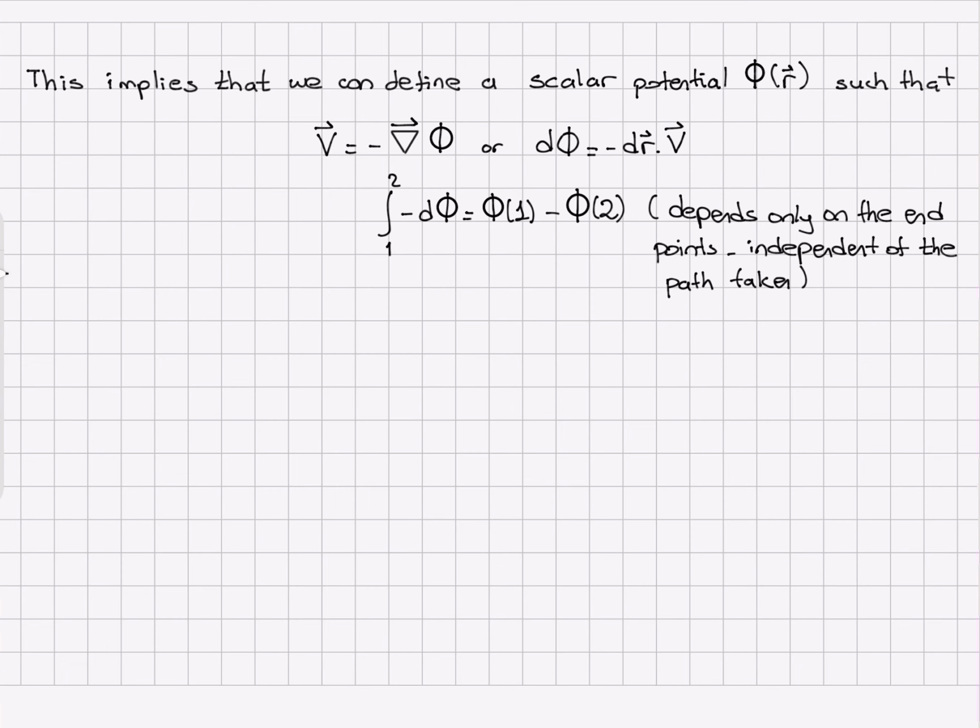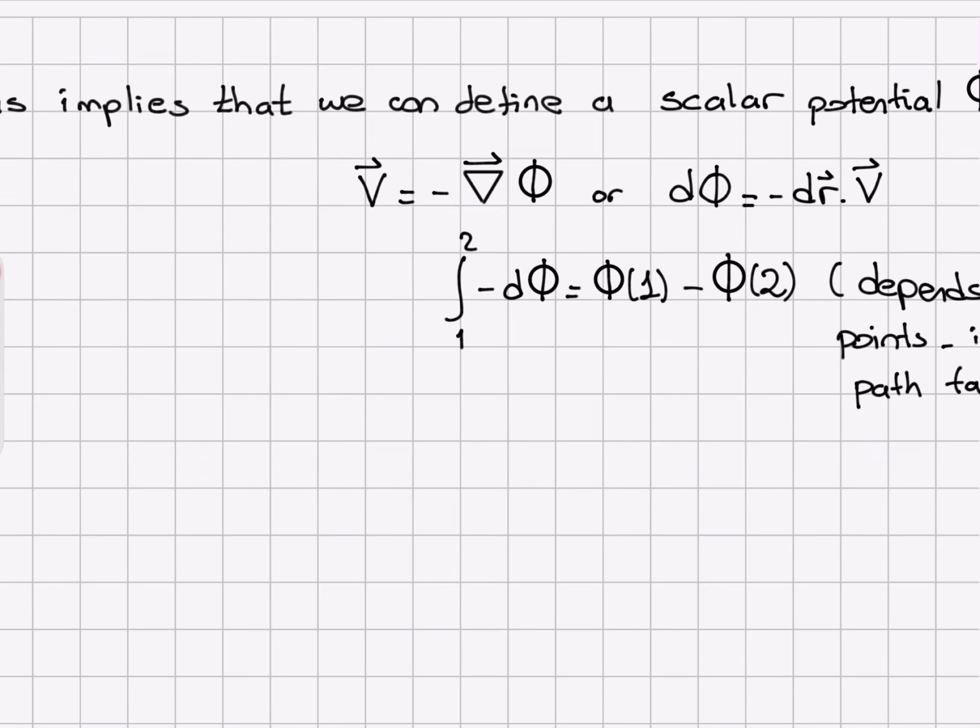All right. So we can state the following result. If curl of a vector field V is 0, then the vector field V can be written as minus the gradient of a scalar function, minus gradient of phi.